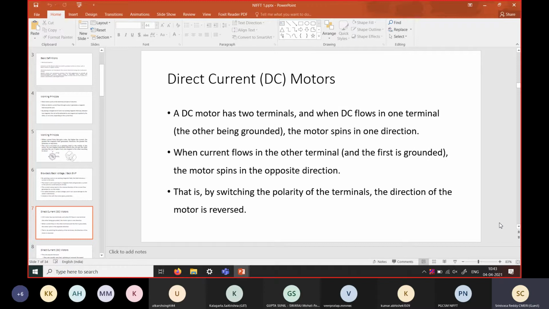In the next class, we'll see how we can make use of microcontrollers for controlling different motors, and also how to read data from different sensors. So for controlling the DC motor, we need a DC motor driver along with the microcontroller.